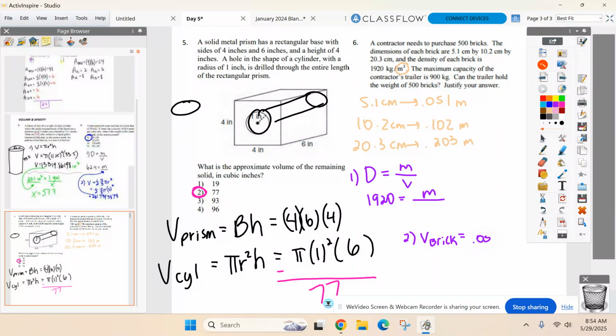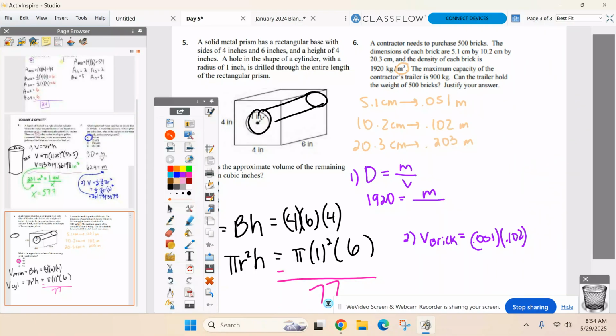Please make sure before you multiply, you don't multiply with the units already attached. Take them off your calculator. Yes, it is a small number here. 0.0010560006.